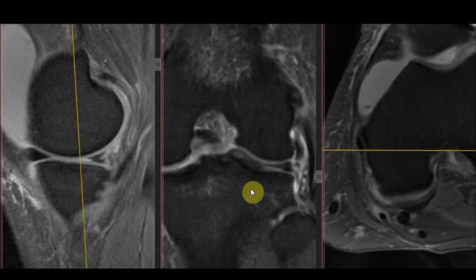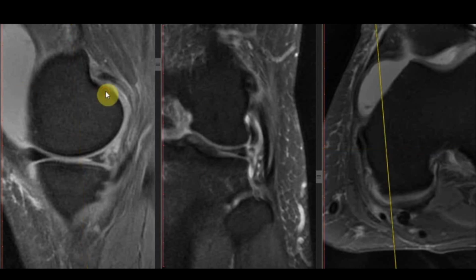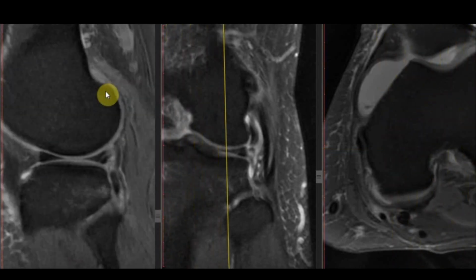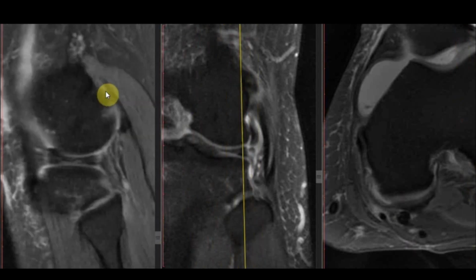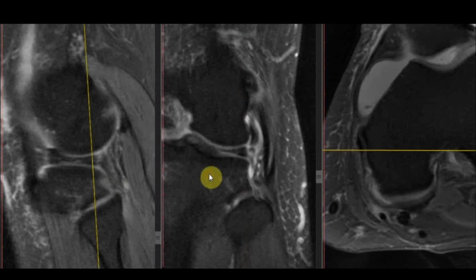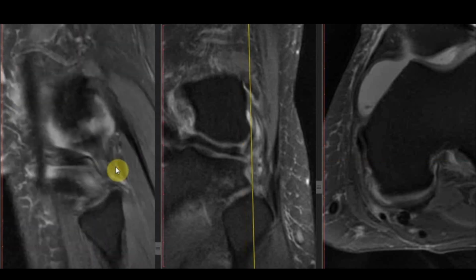Now let's see the posterolateral corner structures. We can see that the area of posterolateral corner is showing areas of hyperintensity on PD fat-sat. So there is edema in the posterolateral corner, and we are not able to see a very distinct popliteofibular ligament here.